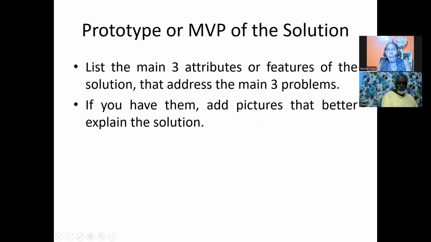I can't remember some of them that you've submitted, health benefits, whatever they were, you can list those. The suggestion is that you can use pictures, which will help to explain your solution, right?